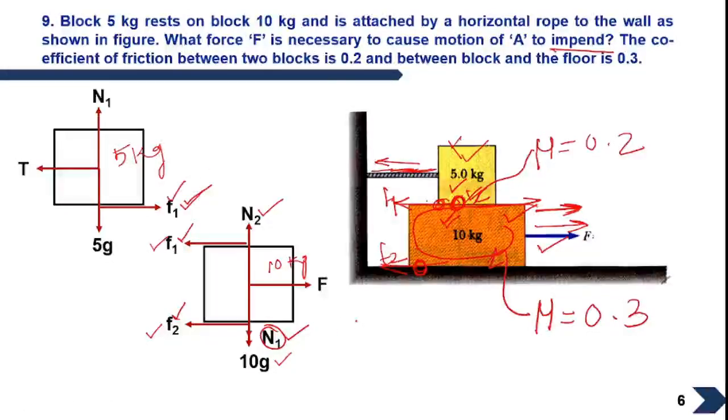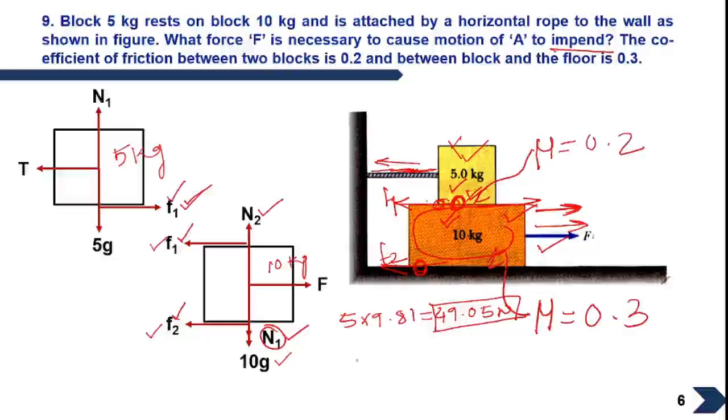Now let us make this 5g. This 5g is nothing but 5 into 9.81. Let us calculate this and write the value. So 5 into 9.81 will give you the value of 49.05 Newton. This value we can use further.